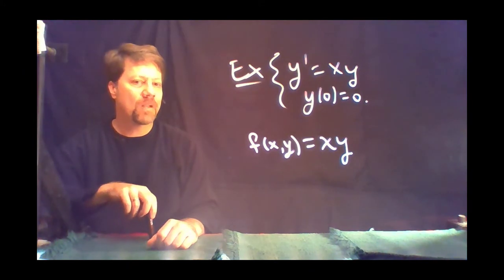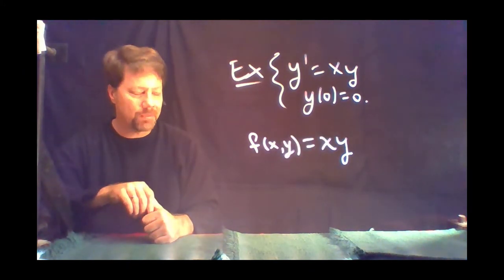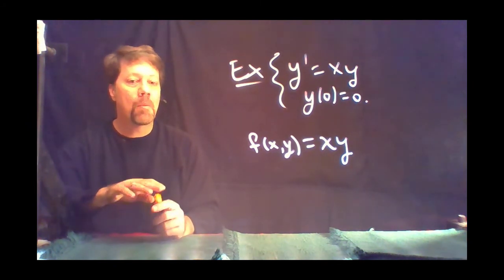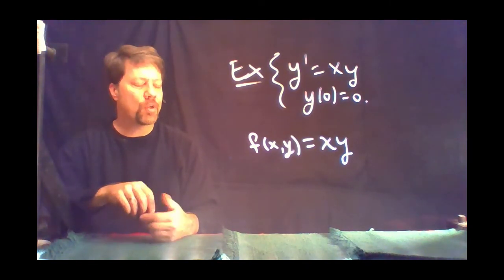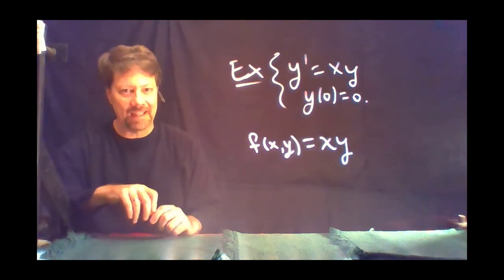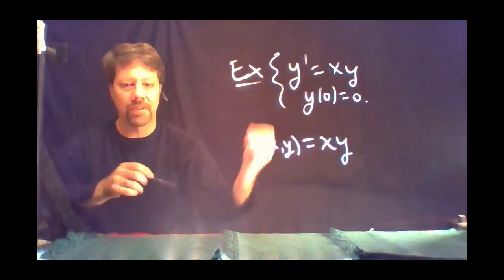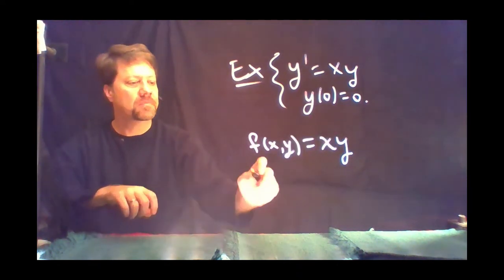If you have more than one variable, you add the exponents to get the degree of a particular term. 1 plus 1 equals 2 in this case. And polynomials are continuous across their domain of definition. The domain of definition for this polynomial is the entire xy plane. So certainly on any rectangle about the point 0, 0, the origin, this will be a continuous function.